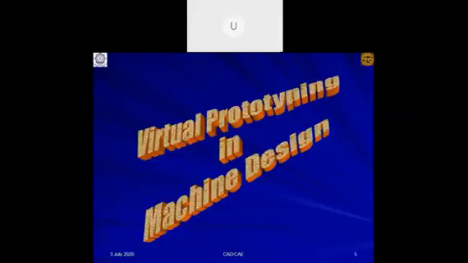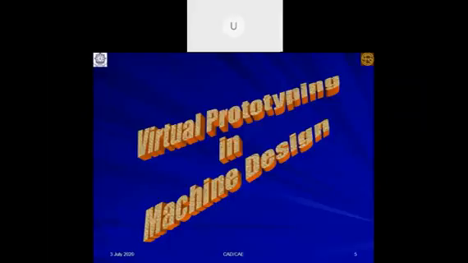And using CAD, what are they actually doing? They are basically doing virtual prototyping. So today I would like to explain virtual prototyping in respect of product design, or more specifically machine design. And tomorrow I will explain that once your virtual prototyping is over, what industry does: they go for rapid prototyping.